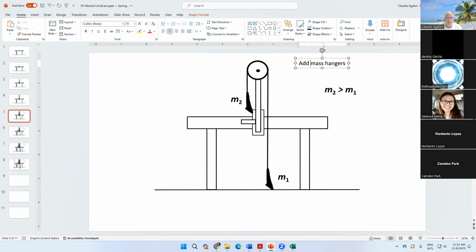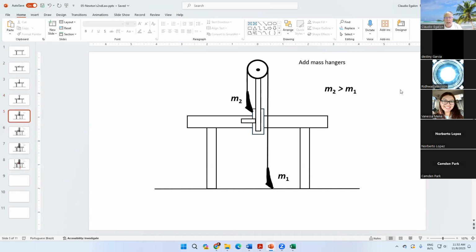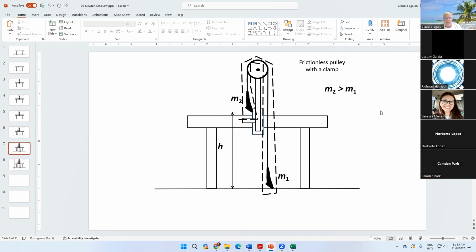Add mass hangers. Okay, let's do it again. Table, rod clamp, rod, frictionless pulley with a clamp, add mass hangers. I don't need that here. This one comes afterwards. Okay, add slotted mass to the mass hangers. M2 greater than M1, M2 and M1.